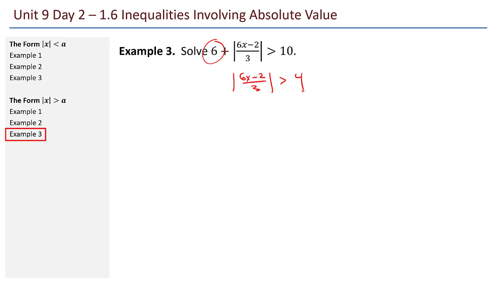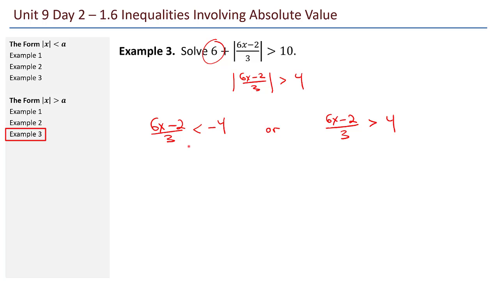Okay, now I can drop the absolute value and turn it into two problems. 6x minus 2 all over 3 is less than -4, so I switch the inequality and I make it negative. Or 6x minus 2 over 3 is greater than 4.